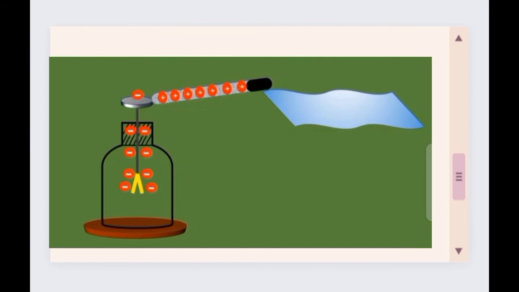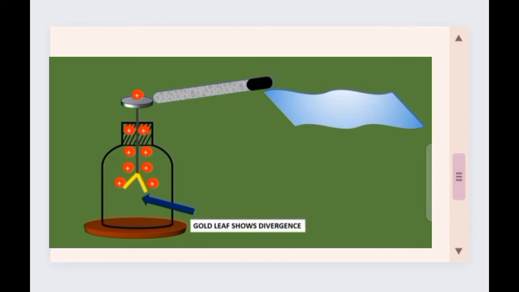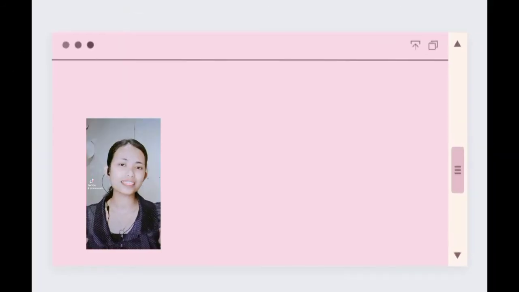Since a deficiency of electrons takes place in the gold leaf and brass rod, they get positively charged. As similar charges repel each other, the gold leaf gets repelled and hence the divergence. The gold leaf shows divergence even when the glass rod is removed. So that is how the gold leaf electroscope works.